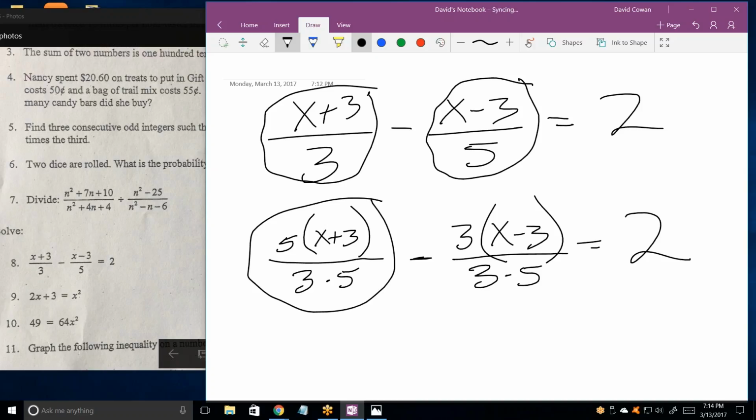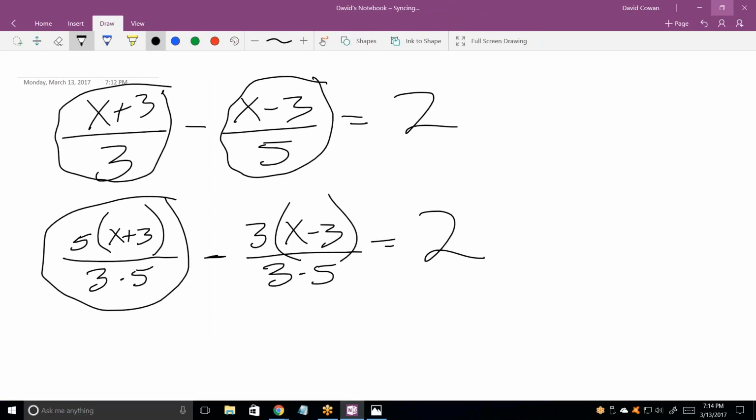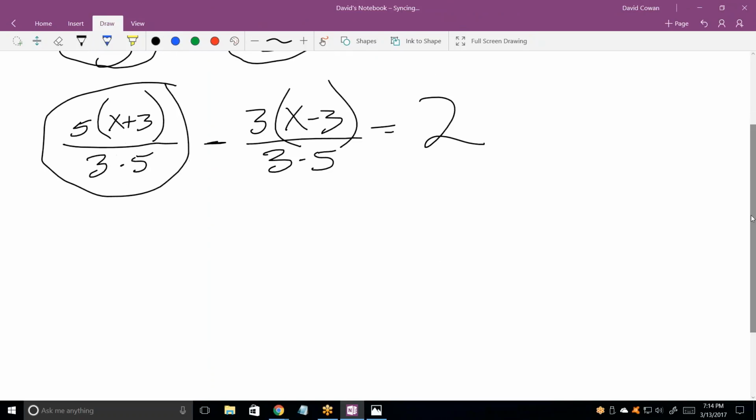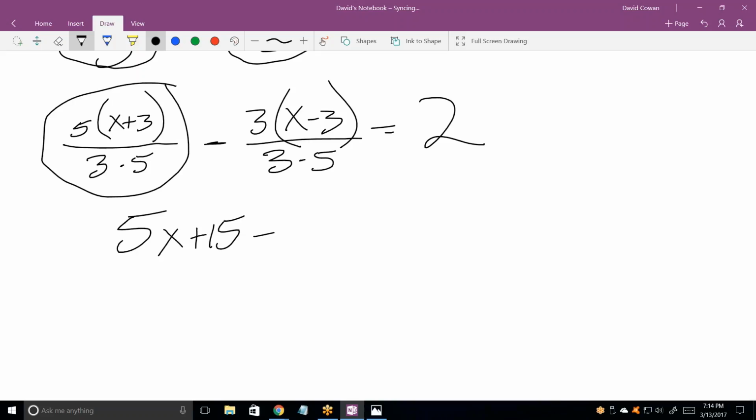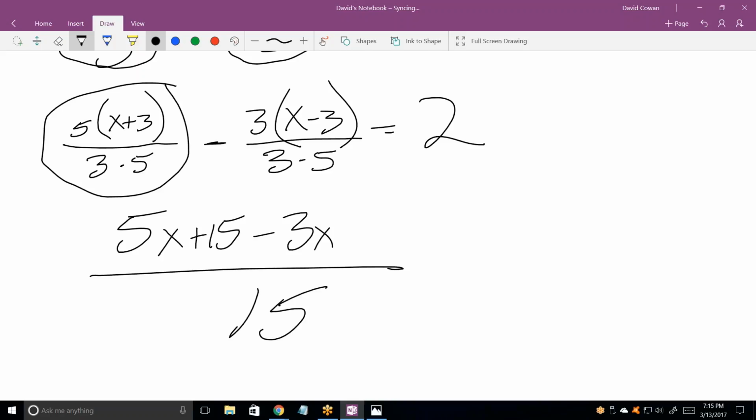Now I can solve it relatively easily. In other words, now I don't care. I'll go ahead and use 15, and I'll distribute the top. So the top becomes 5x plus 15 minus 3x. What's the next term? Minus 3x minus 9.